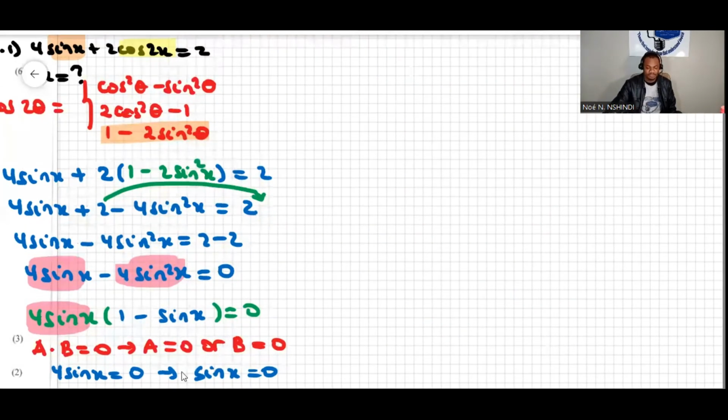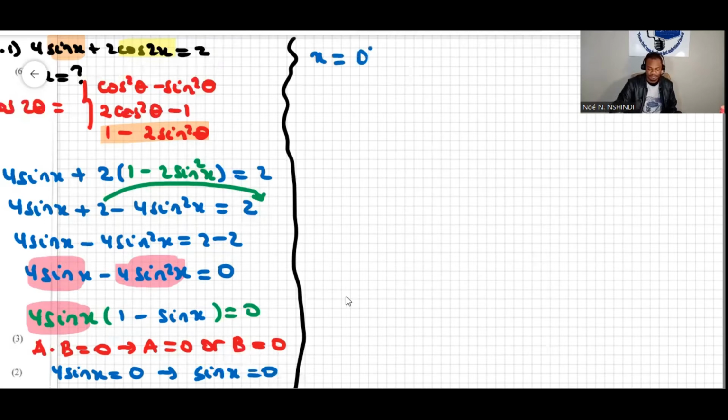I'm just going to split my board like this. Sine x is equal to 0 implies that x will be equal to what? 0 degrees, because the values of x for which sine x is 0 are 0 degrees and 360 degrees.